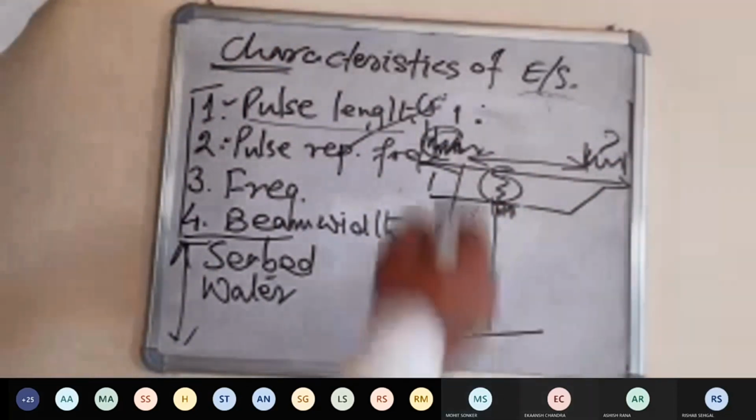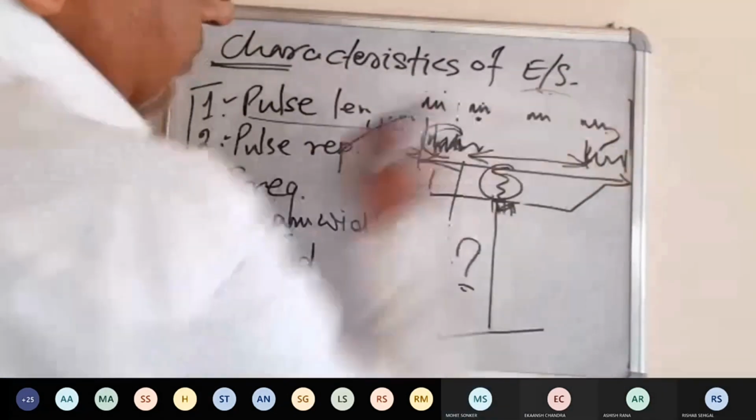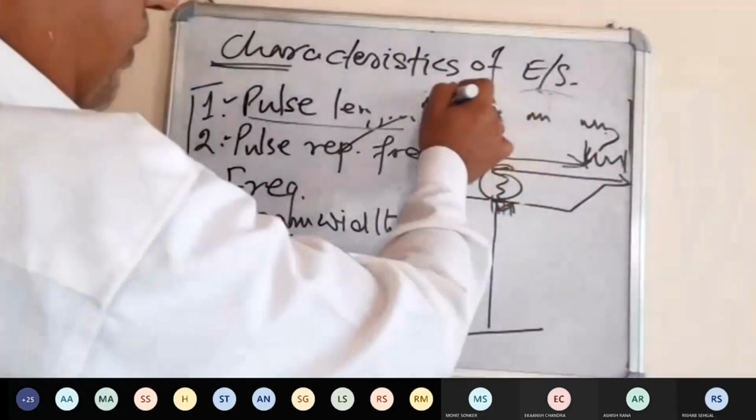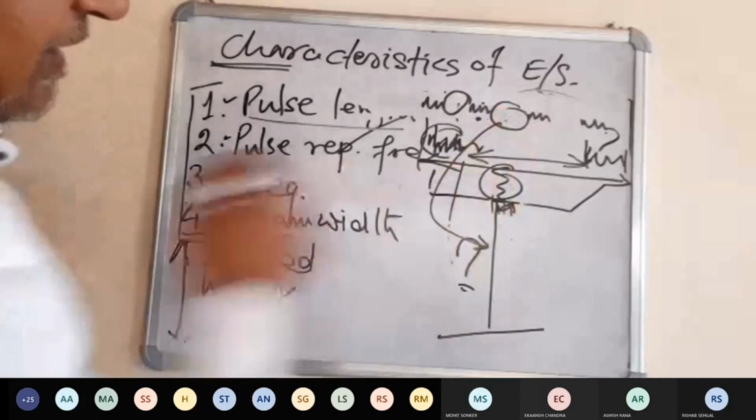If we have PRF like this, this is the time available between the pulses. This is the only time during which it can travel.